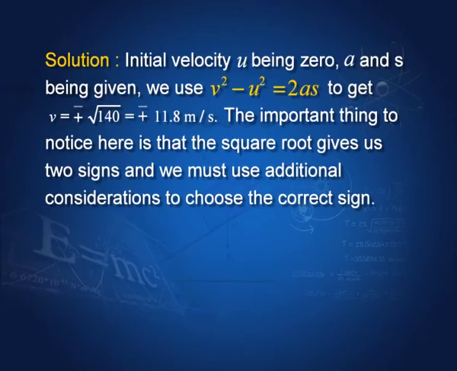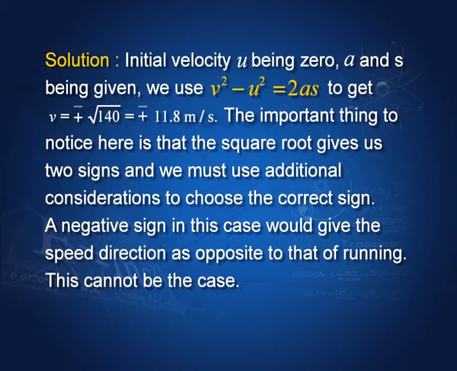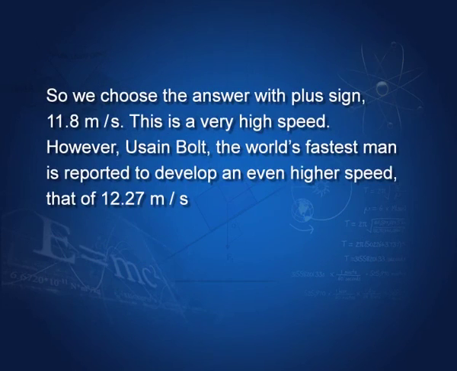In such a situation, we must apply extra consideration to choose the correct sign. You see, negative sign in this case is obviously incorrect, because the speed is positive. Therefore, we can reject the negative sign, and we get the result that the speed acquired by the athlete is 11.8 meters per second.